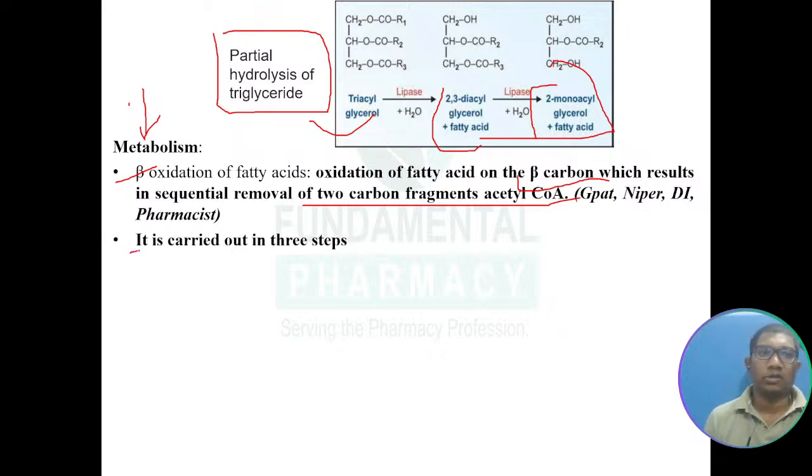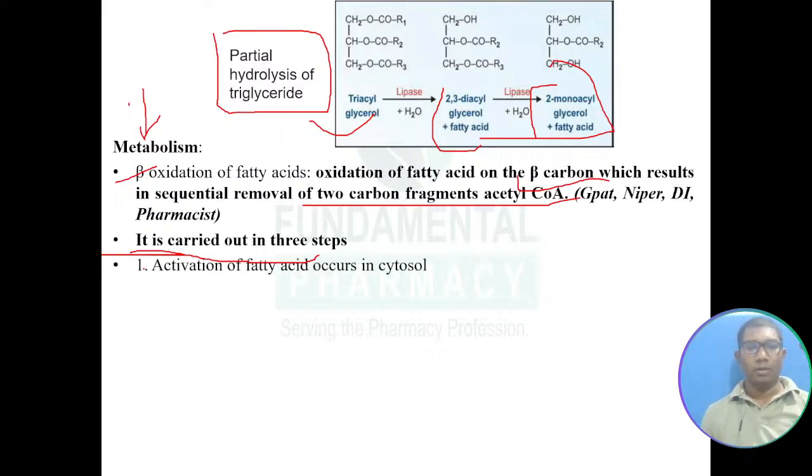Now this beta oxidation of fatty acid is carried out in 3 steps. So what are these 3 steps? First is the activation of fatty acids in the cytosol. Cytosol जो है cytoplasm जो है सेल का क्या होता है? Beta oxidation of fatty acid basically क्या है? It is one of the most important mechanisms of metabolism of fatty acid.